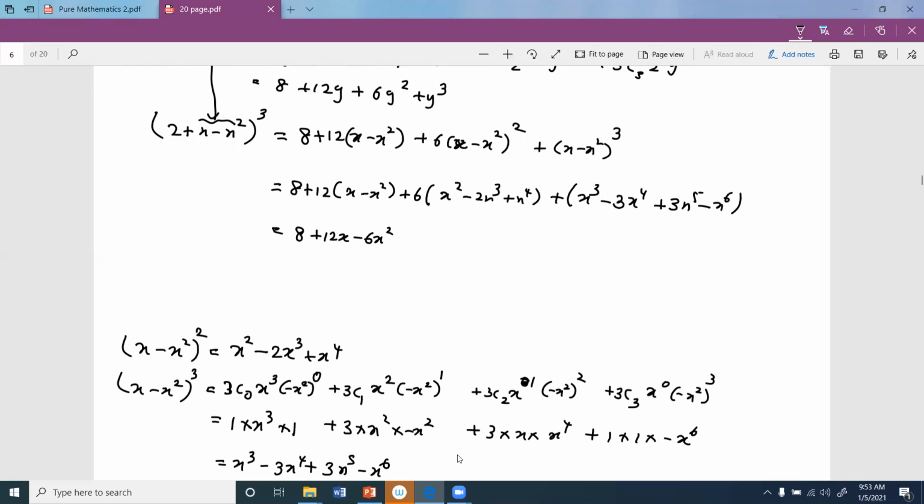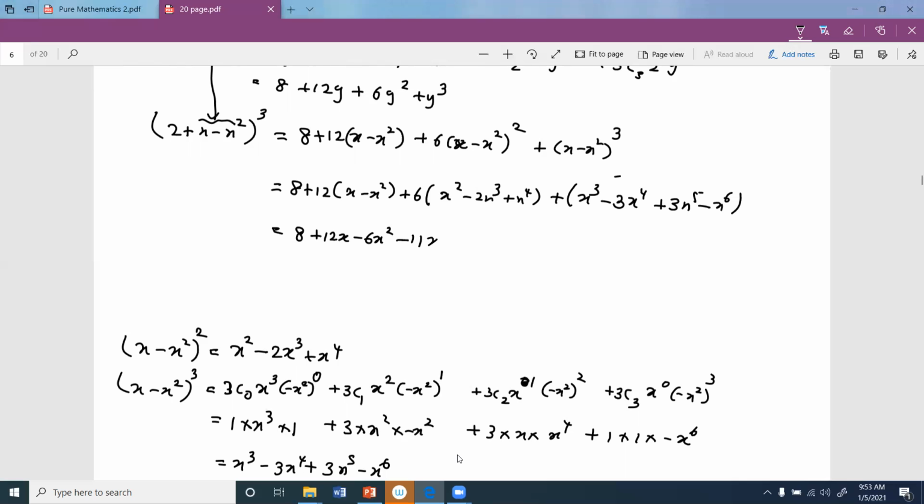Then cubic terms: 6 into minus 2x cubed is minus 12, and another x cubed term is added, plus 1. That is the only cubic terms you can see, so that turns out to be minus 11x cubed.